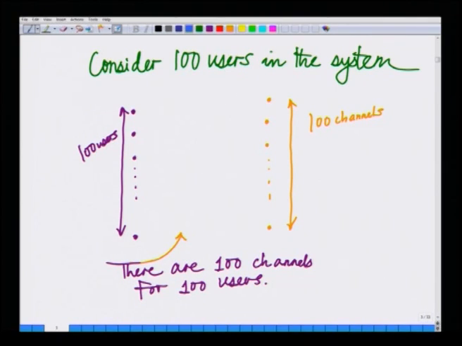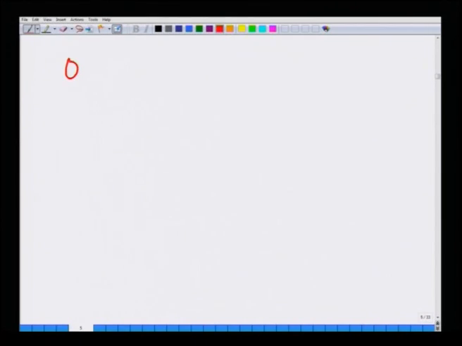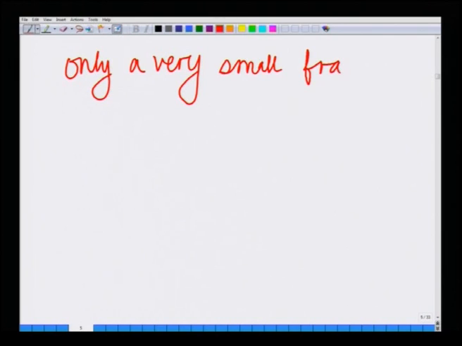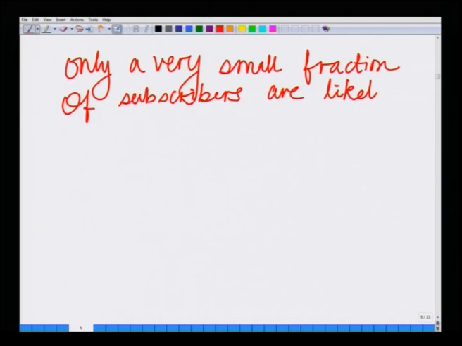Alright. Hence, what we are saying here is only a very small fraction of users in the given system are likely to be active at any given point of time.